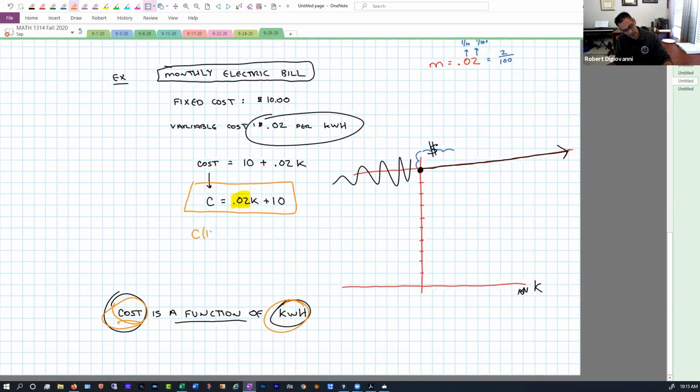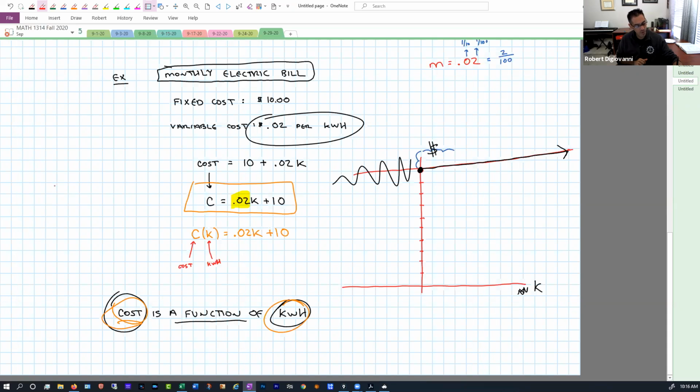C of K equals 0.02 K plus 10. So instead of calling it lowercase f, like a function, we're calling it capital C, which represents to us cost. Cost is a function of what? This is the kilowatt hours. So our cost is a function of kilowatt hours.